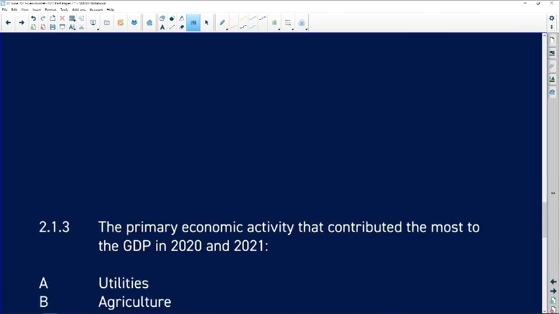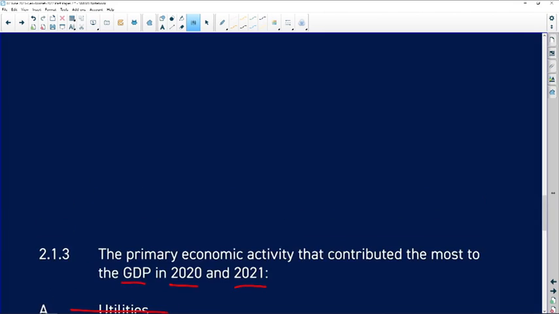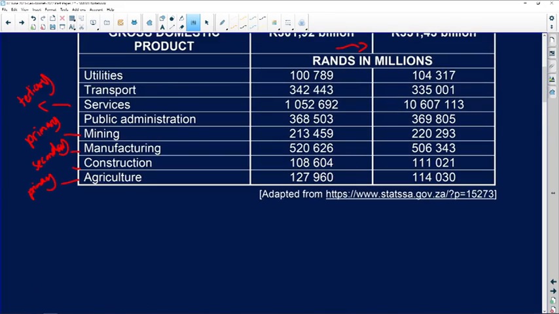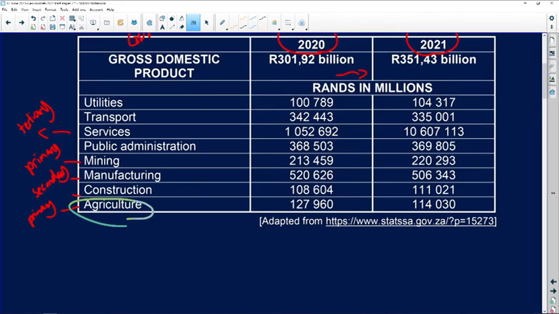If we have a look at question 2.1.3, the primary economic activity that contributed the most to the GDP in 2020 and 2021. Let's quickly erase a couple of them. Services is not a primary activity. Utilities is not a primary activity, so we need to choose between B and D. So let's go back to our table to see which one contributed more to the GDP. Over here, we have agriculture and mining.